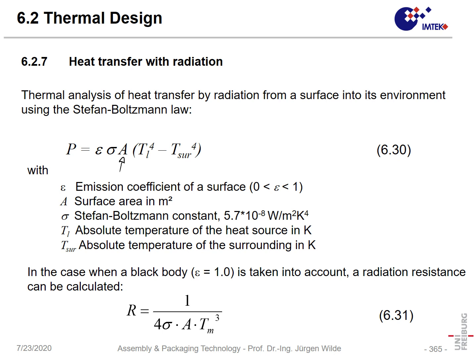In the case when we have a black body which has an emission coefficient of 1, and the environment is cold, then we can say the thermal resistance of a certain area is 1 divided by 4 times the Stefan Boltzmann constant times the area times the temperature to the power of 3, and the inverse, of course, of it.